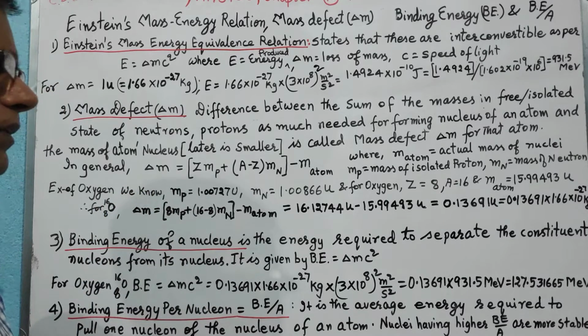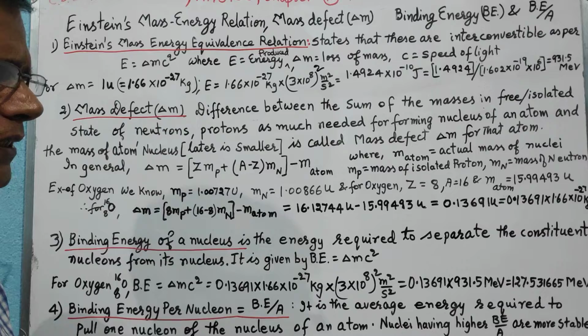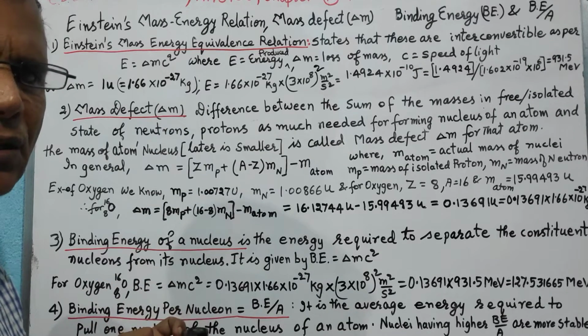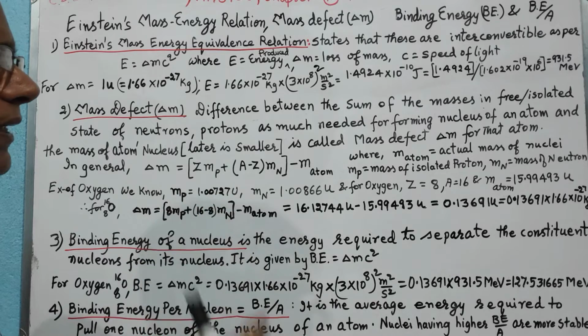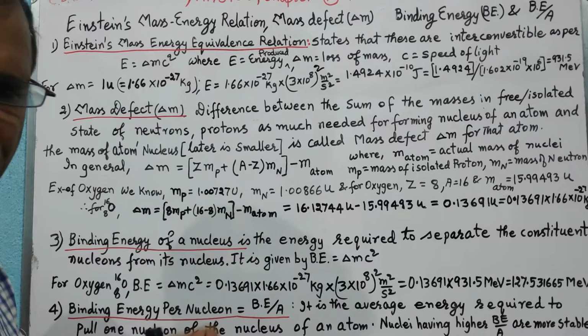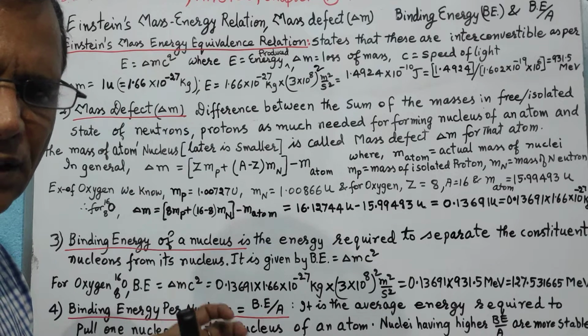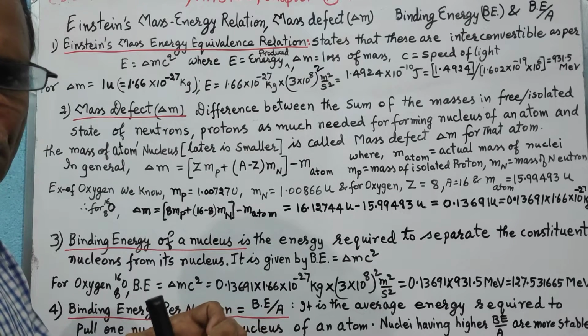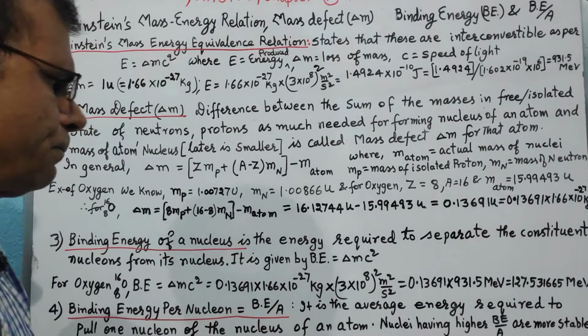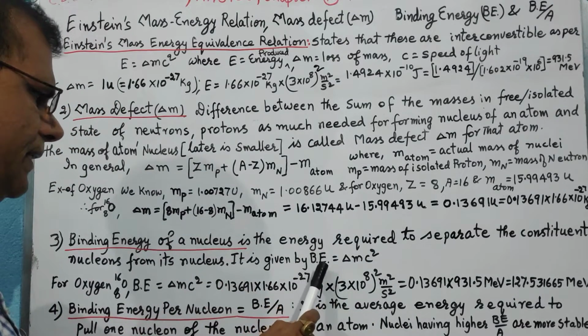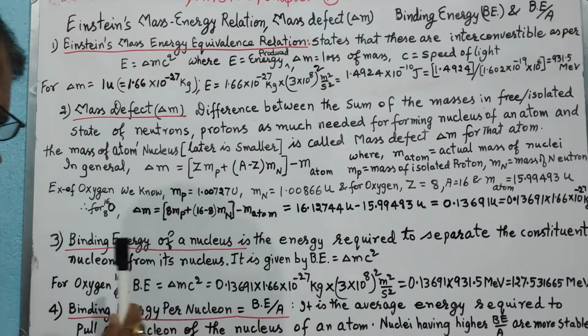So if you separate those nucleons once again, then the same amount of energy will be required to separate them from the nucleus and make them independent and isolated. So the binding energy for oxygen can be calculated.